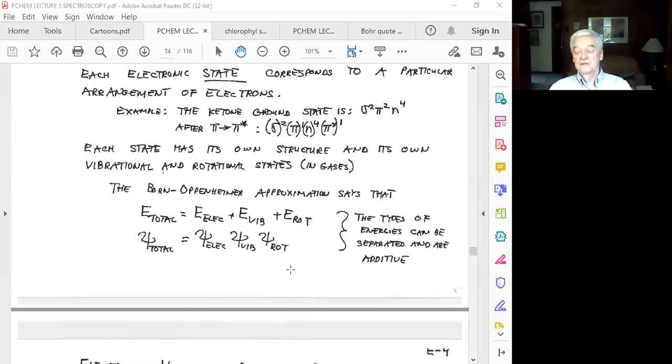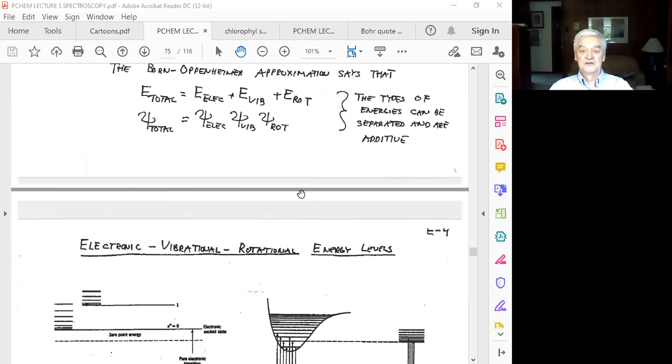We've already talked about wave functions for vibrations from the harmonic oscillator model and for rotations, and now we can have electronic wave functions. When we talked about molecular structure, we looked at some trial functions that we could use, and so we have different electronic functions also.